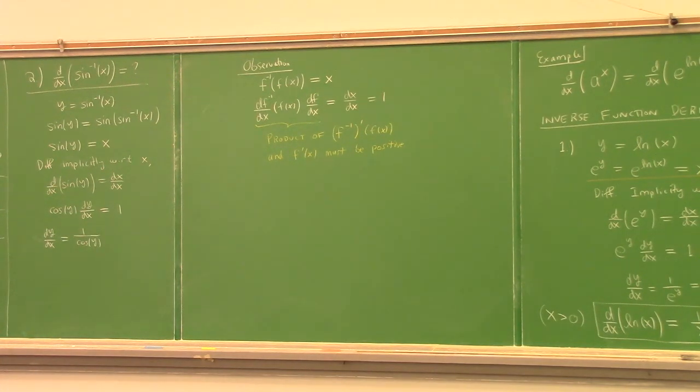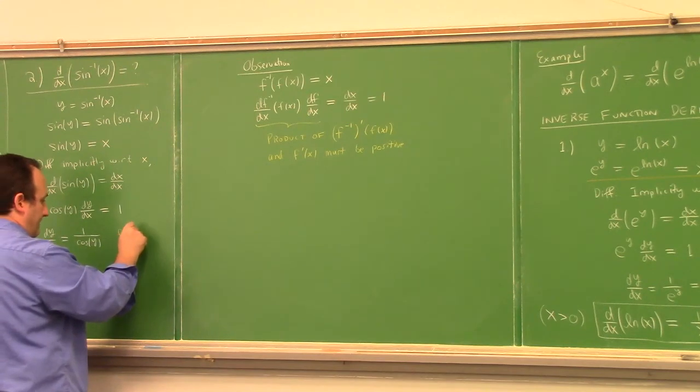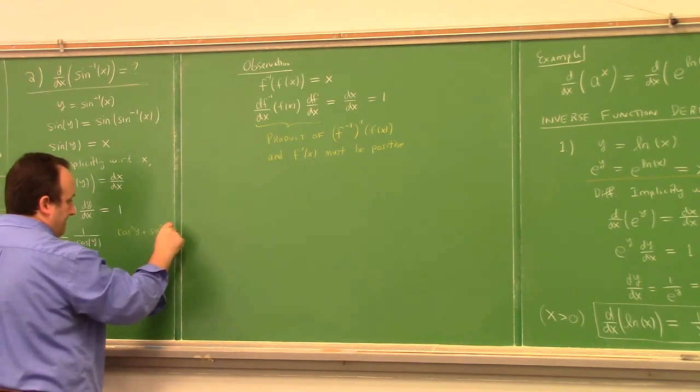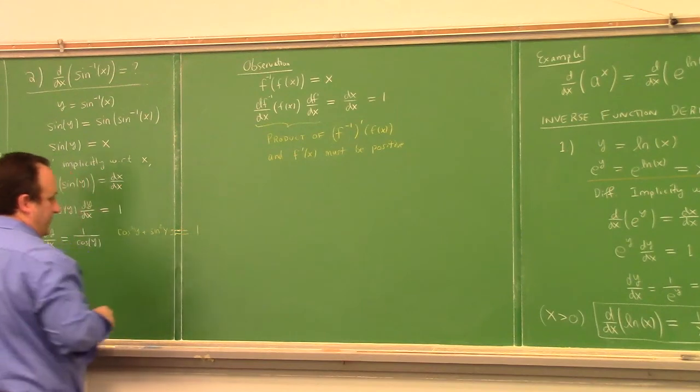Now that's not a very good answer. We want answers in terms of x. We would like an explicit formula for the derivative of inverse sine. So how are sine and cosine related? Remember, we know cosine squared y plus sine squared y is one.